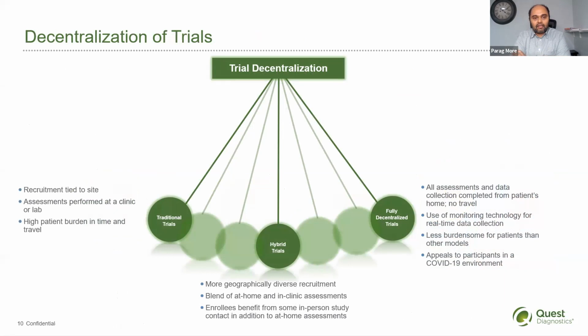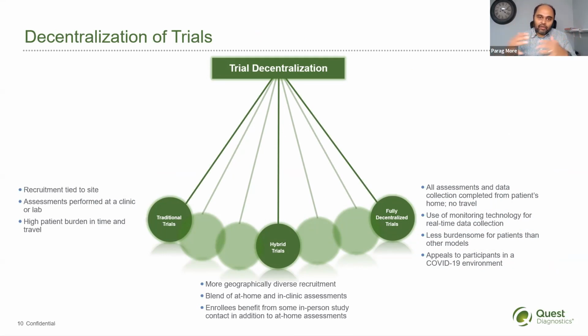And to add to that, with the advent of the increase in the decentralization aspect of the trials, when we're talking about the traditional model where the recruitment is tied to the site, as opposed to a fully decentralized trial, it's quite a bit of technology, people, and change management that goes on, right?